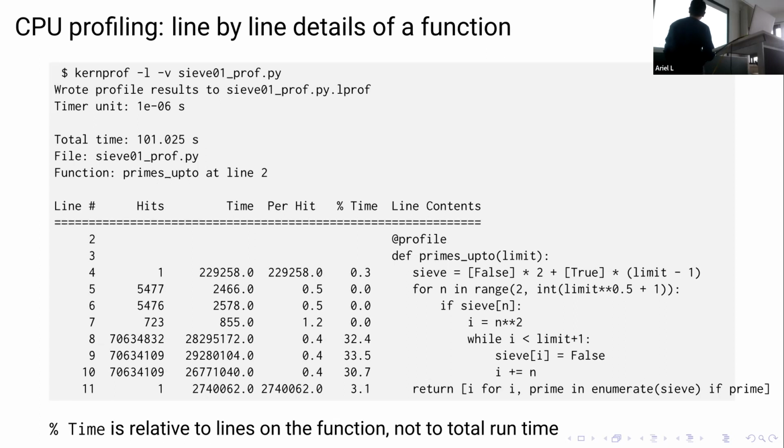The way the information is shown here is how many times each of these lines was executed, and then on this column we get the percentage of time. If we add up here, this will be 100%, and it's just the time spent on executing this function.